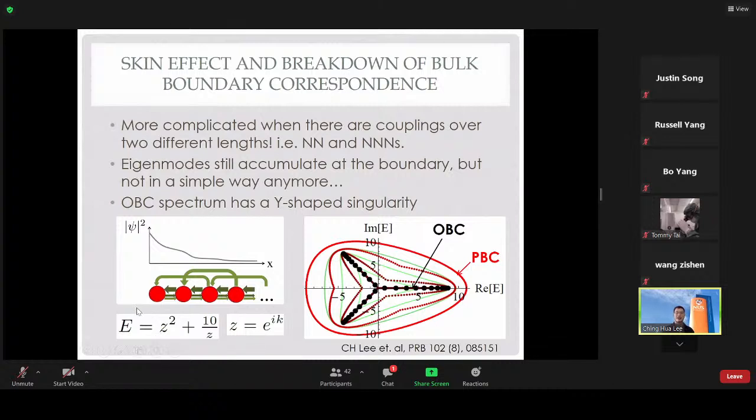For example, the Y-shaped OBC spectrum on the right, and the PBC spectrum will be this loop here.